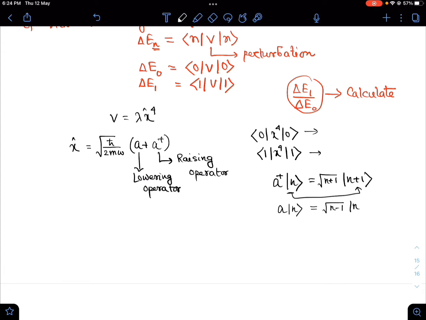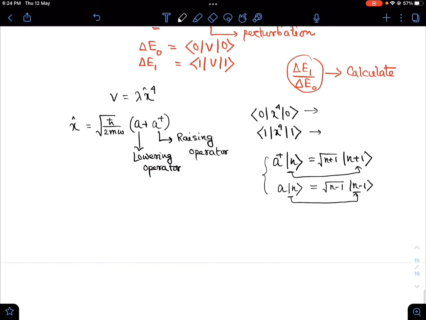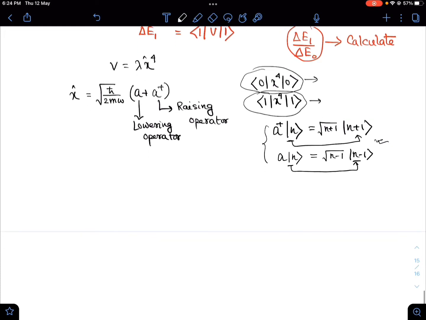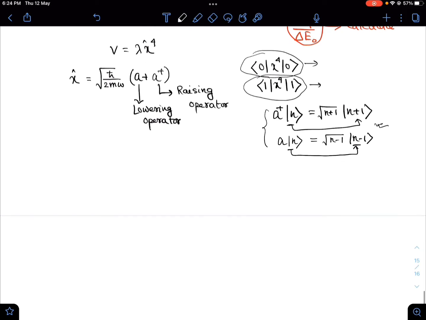That means if we apply a to the state n, it will bring it down to the n minus 1 state. These two are very important formulas to memorize. With the help of these two, we will calculate this term and this term. So let us proceed. We have to find x square and x to the power 4.